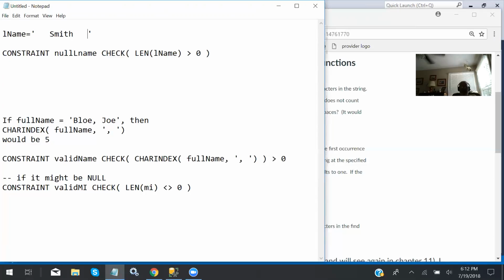This is typical. This is the way lots of computer science applications work. They count leading spaces and they truncate trailing spaces.